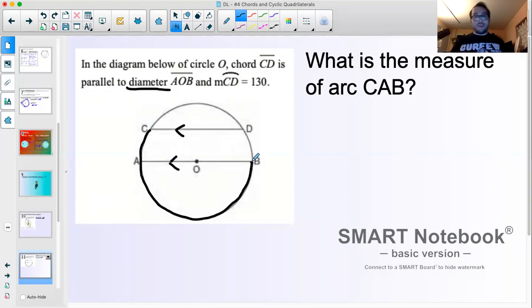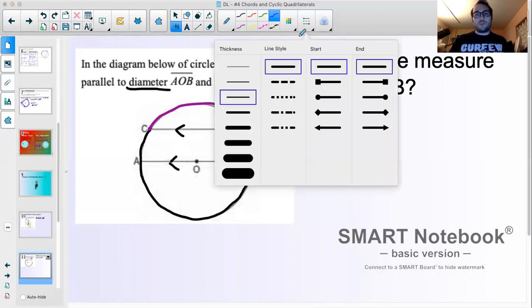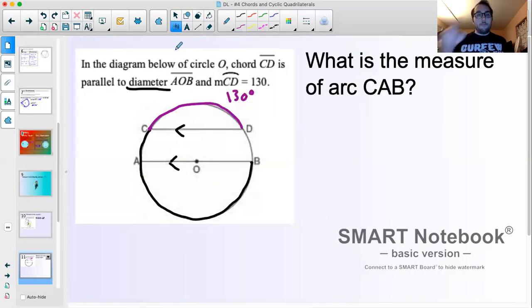Oh, this is perfect. I'm outlining it perfectly. Whoa, even with the lag, that was beyond perfect, as it should be. All right, we know that arc CD is 130 degrees, okay? And then just to fill in more information before we even solve this, parallel chords intercept congruent arcs.